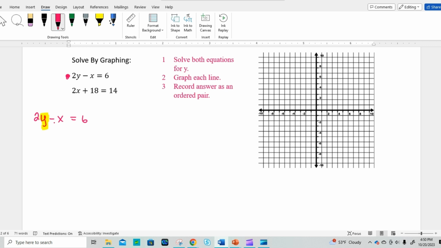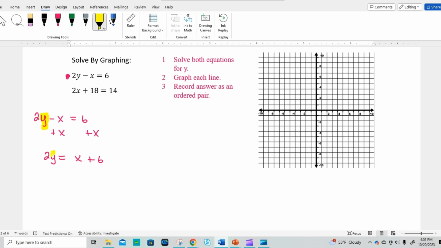So to do that, the first thing I'm going to do is add x to both sides. If you want to say 1x, you absolutely can. Some people really like to see the 1 in front of the variable. Other people, it doesn't matter, or they would rather not see it. So I have 2y is equal to x plus 6.